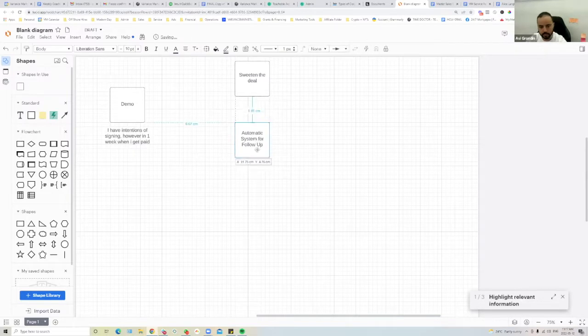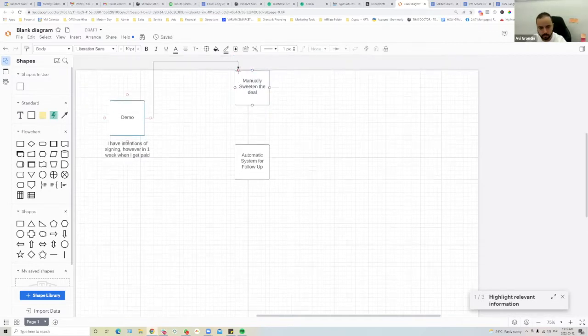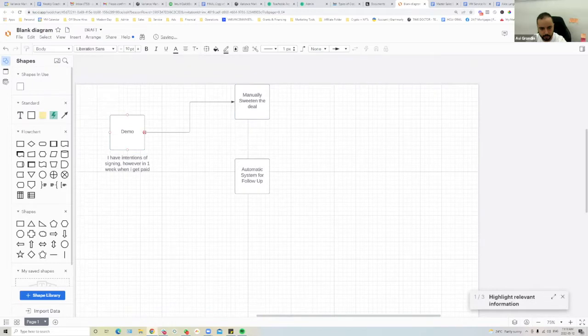Now, I'm going to specifically write the word manually: sweeten the deal. So you go here, there's the demo, and then there are the two options here. First one being sweetening the deal manually, and you can only do that through call, email, text message, like literally manual communication.